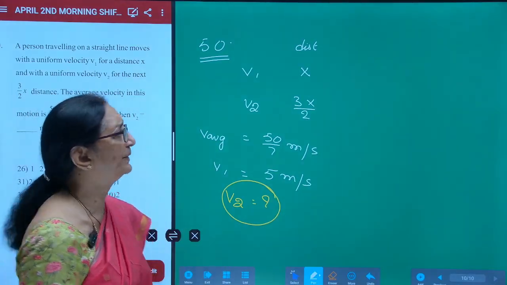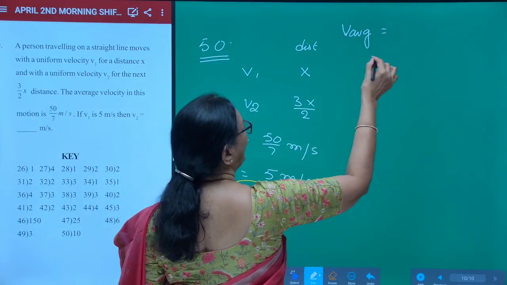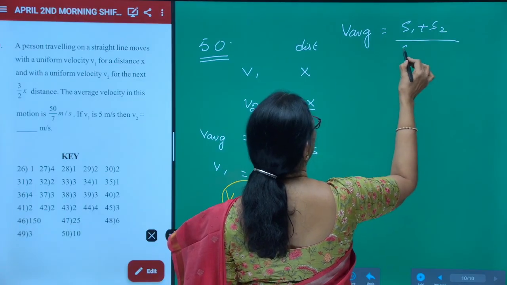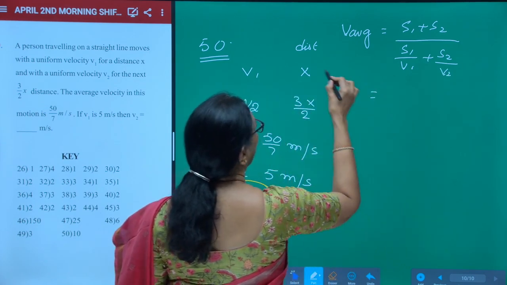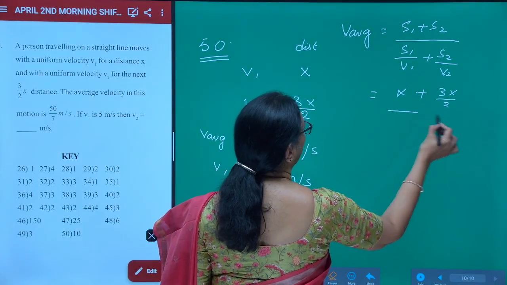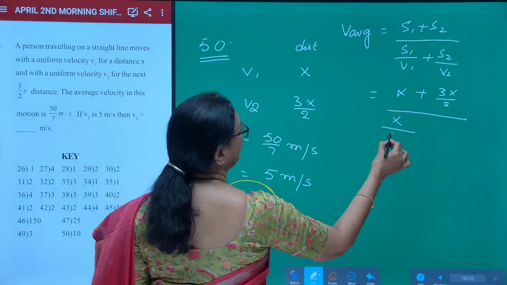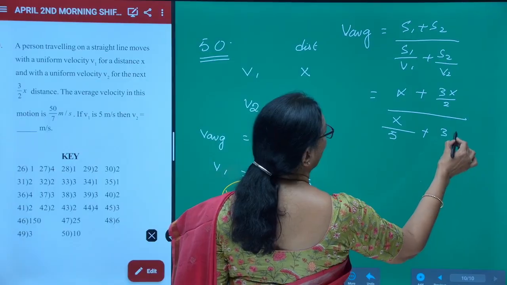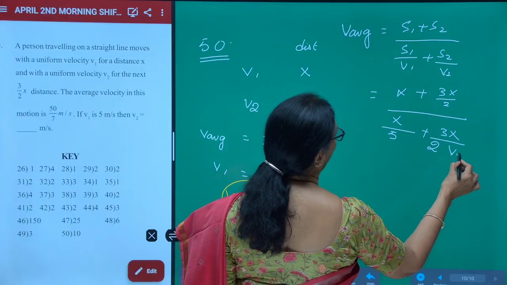So, it is so simple. Average velocity is equal to total displacement by total time, that is S1 plus S2 by time, S1 by V1 plus S2 by V2. Here total displacement x plus 3x by 2, x by V1 is 5 plus S2 is 3x by 2 and V2 we need to find out.